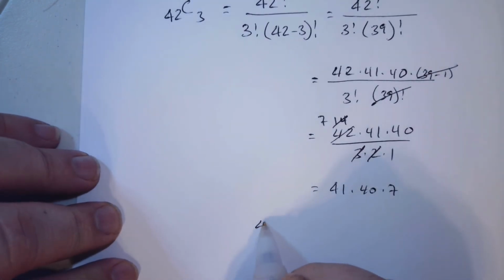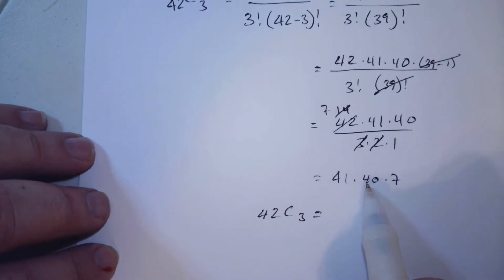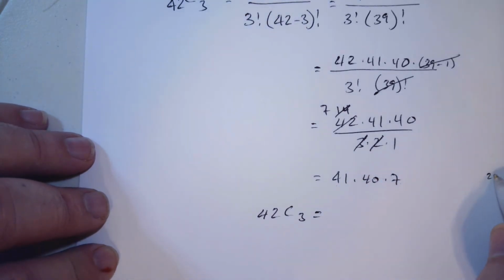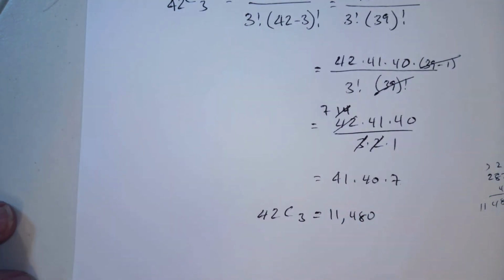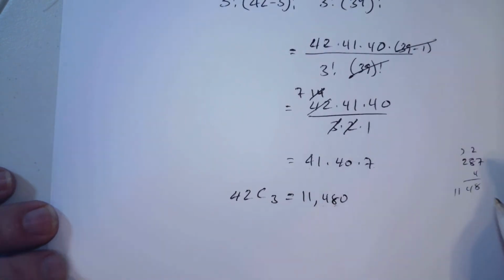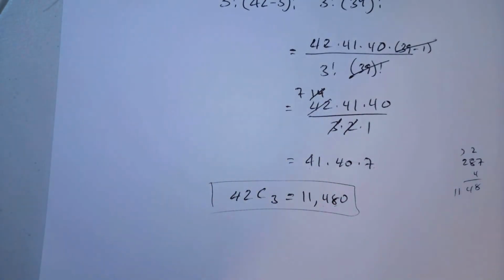So the number of combinations possible: 7 times 41 is 287. 287 times 40 is 11,480. So if you have 42 cans to choose from, you could choose 3 of them 11,480 different ways.